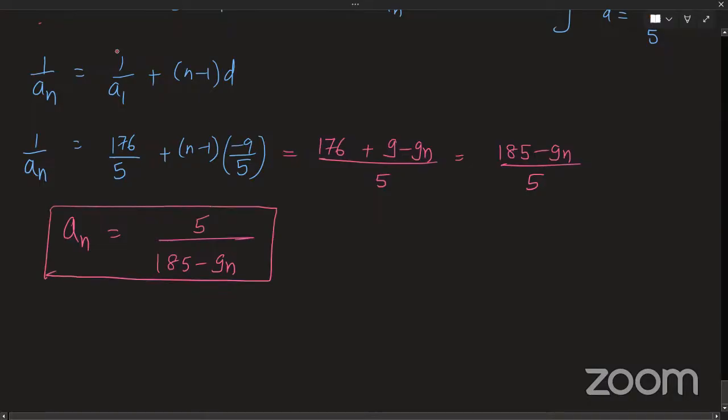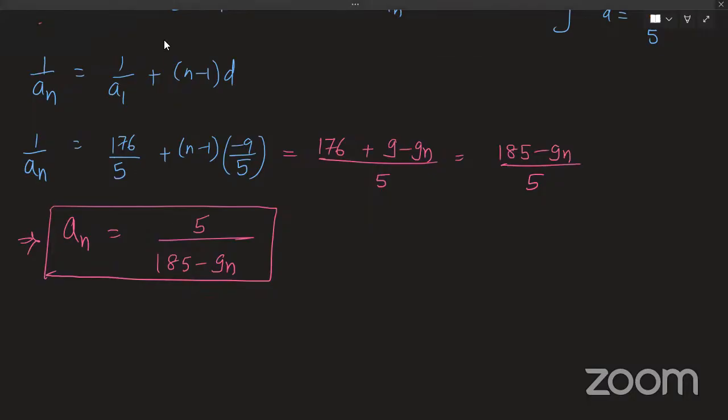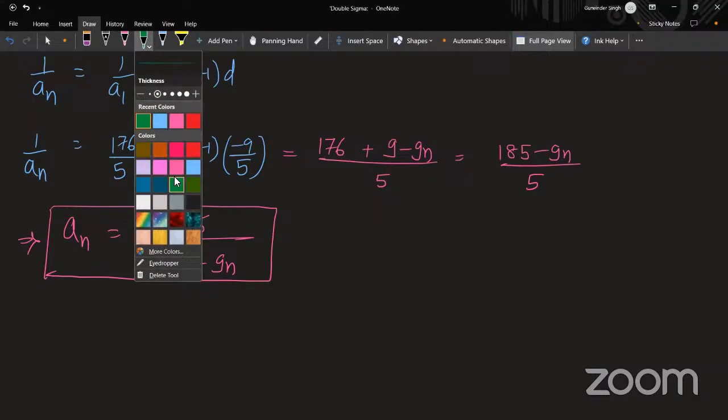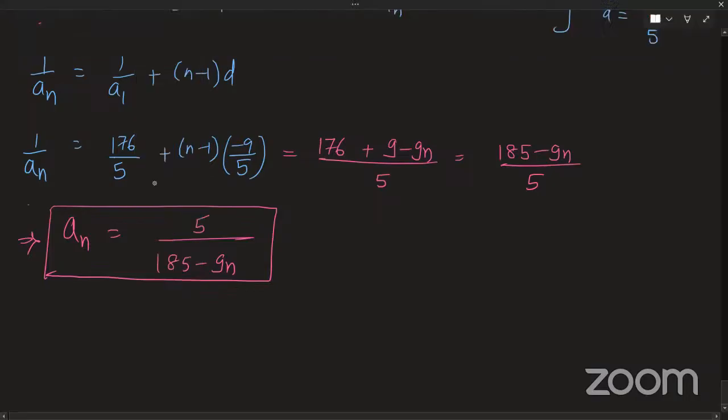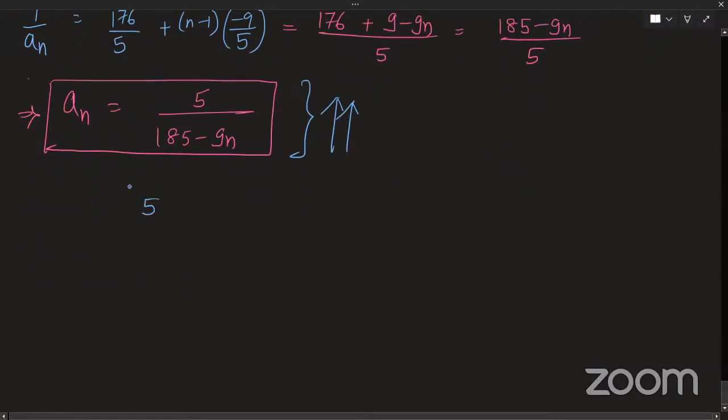And now it is asking me what is the largest term? What is the largest value of this thing, of my HP? Can you tell me when is this thing the largest? I want to make this number as large as possible. How can I do that? I have 5 by 185 minus 9n.